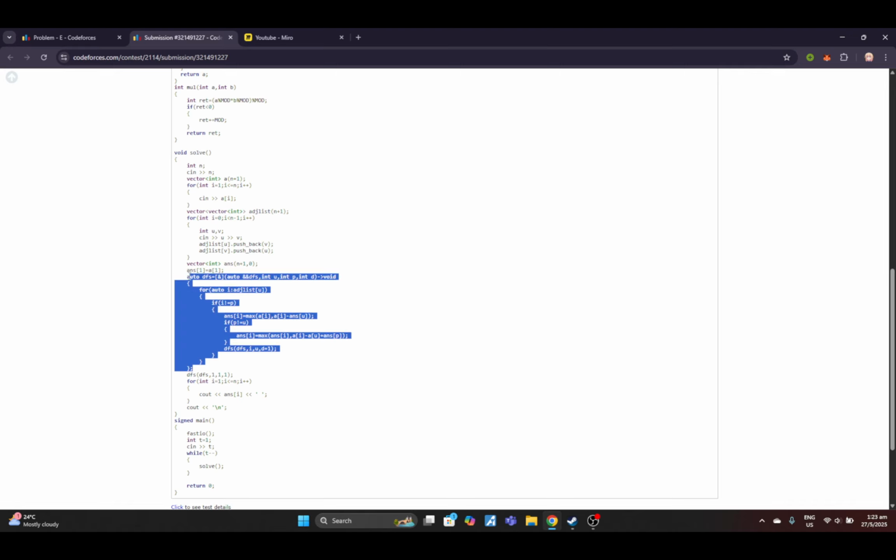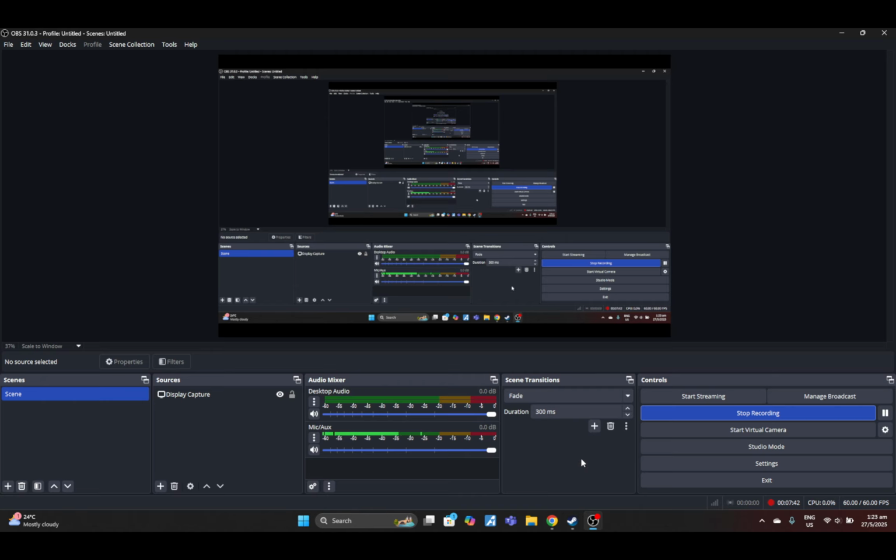I will just immediately skip, because I don't want some kind of infinite recursion. So I make sure that i is not equal to p, so the child will not be the parent. But because of this, I need to make answer 1 equal to a1. Maybe that's all for the solution of this problem.